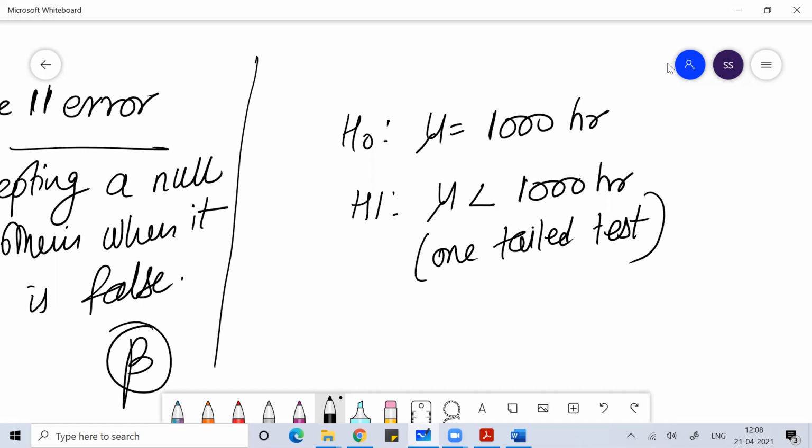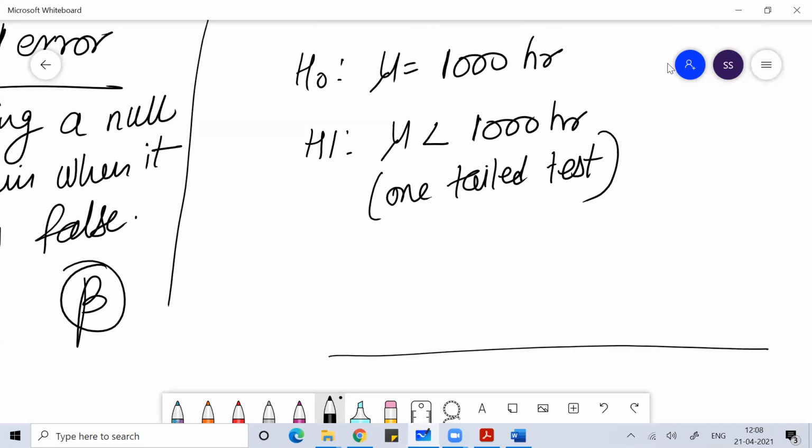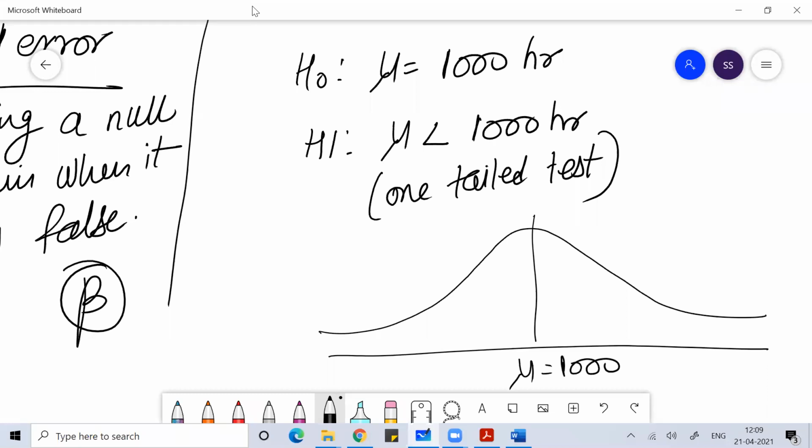Whatever alpha is given to us, we will not have two rejection regions. We'll have only one rejection region. I'll draw a normal distribution curve here, where your average value is 1000, above this is more than 1000, and this is less than 1000.